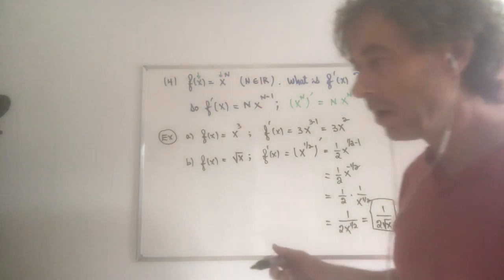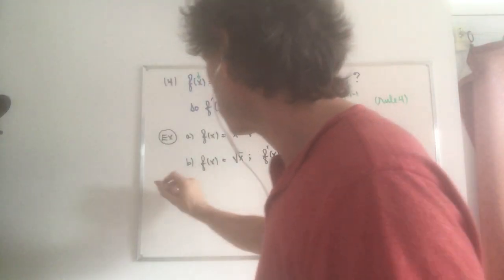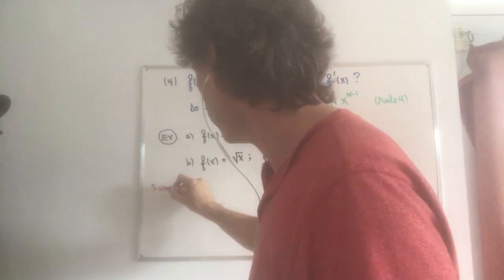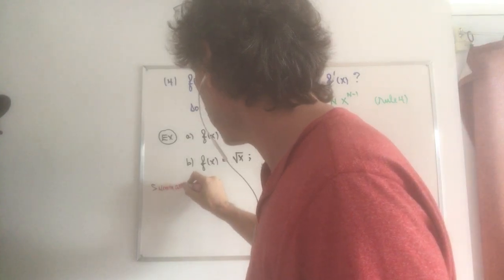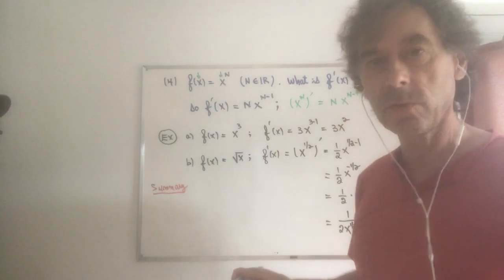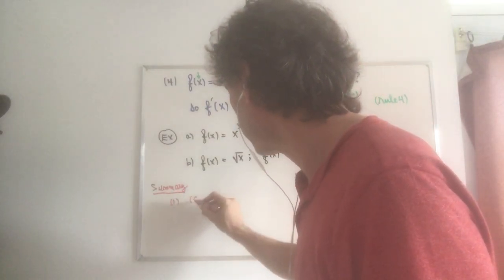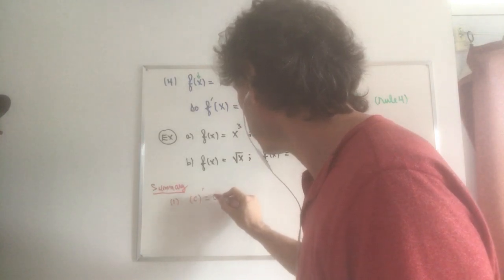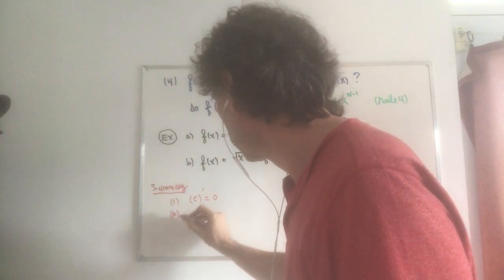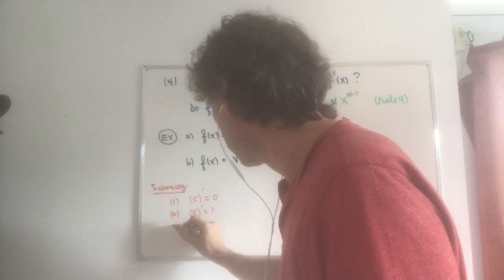So before we go, a 5-second summary. What have we done today? We have moved forward into the rules of derivatives. Rule 1, the derivative of a constant is 0. Rule 2, the derivative of x alone is 1.